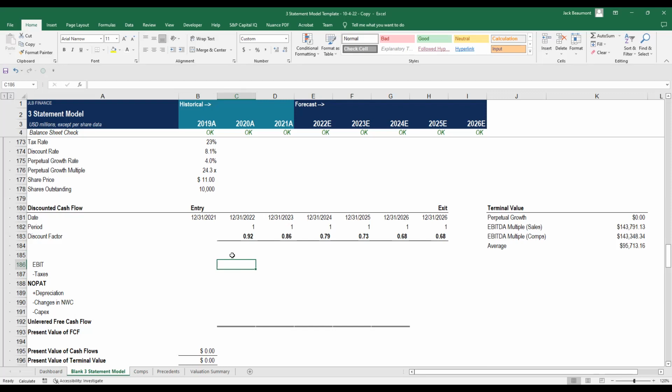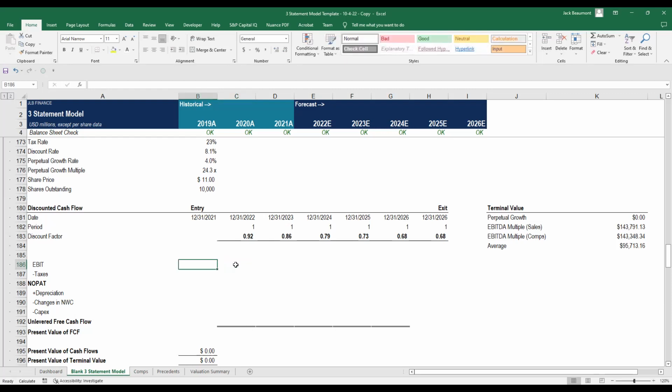So we don't want any impact of interest, because we want to be able to evaluate this and compare it to firms with different capital structures. Because if we use net income, then one company that uses debt and one company that uses more equity are going to have two very different valuations when in fact maybe they're exactly the same. So that's why we're going to use earnings before interest and tax to begin with.